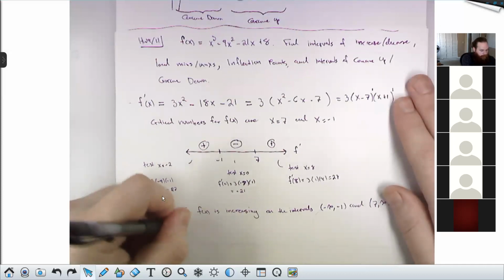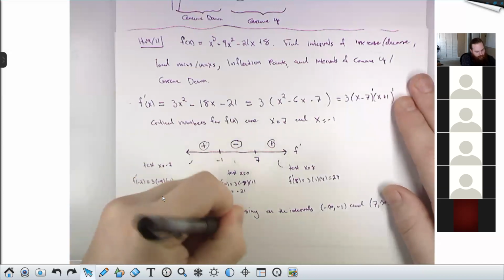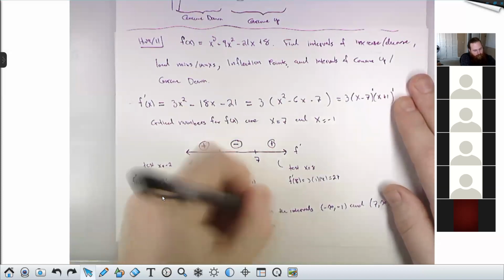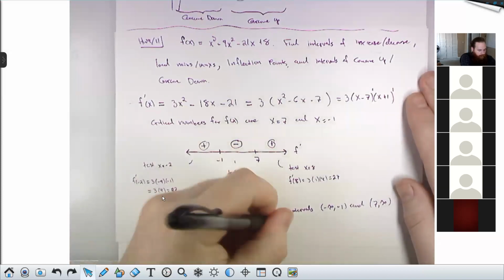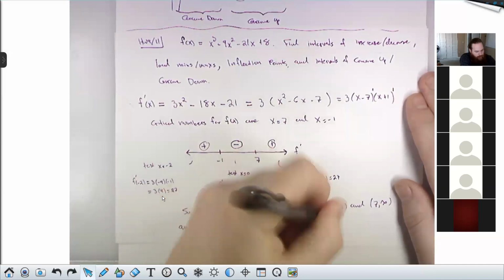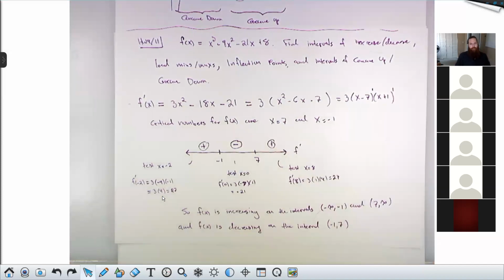And f is decreasing on the interval -1 to 7. So that's the first part done. We found the intervals of increase and decrease.